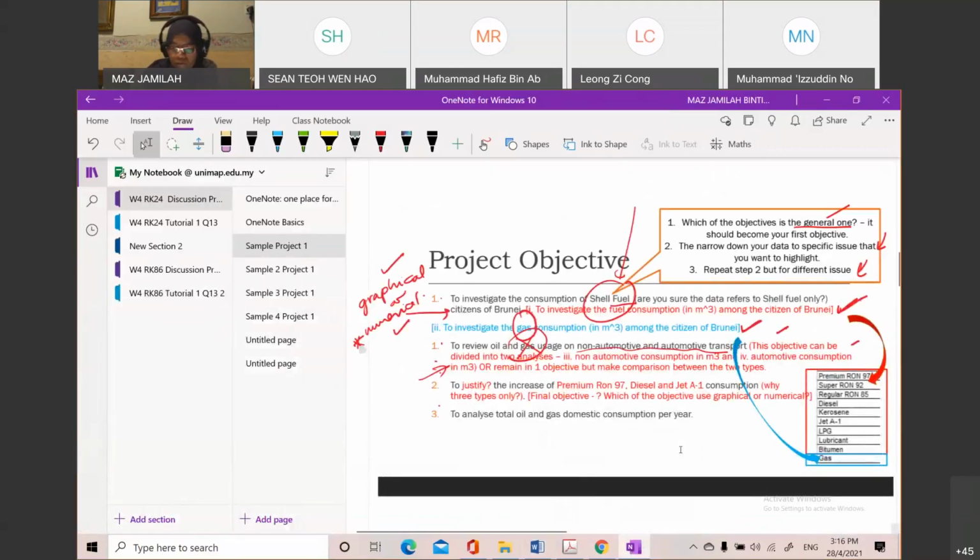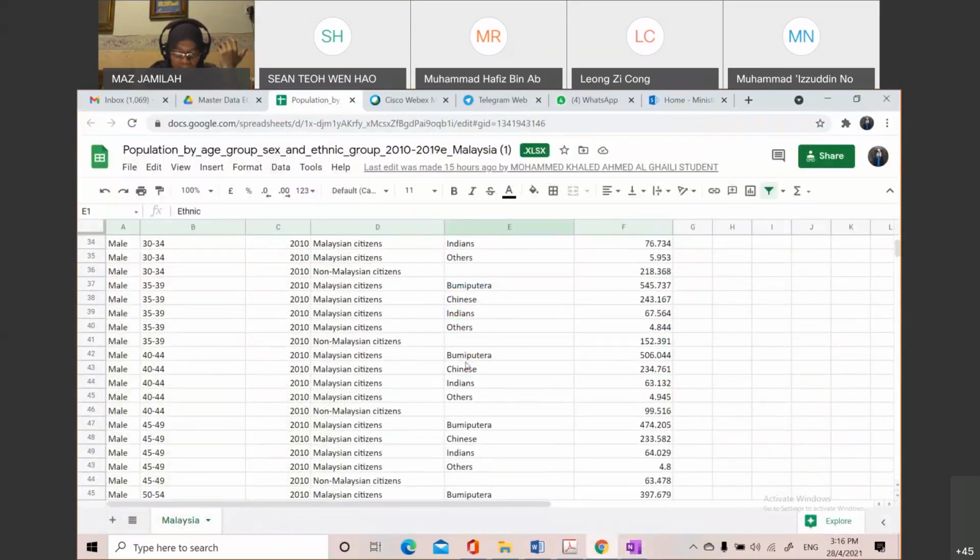When you come up with your project objectives and do your analysis for objective number 1, 2, 3, 4, at the end of your project it should give your audience the idea of your analysis, so that they can understand the importance and the meaningful information residing in your data set.